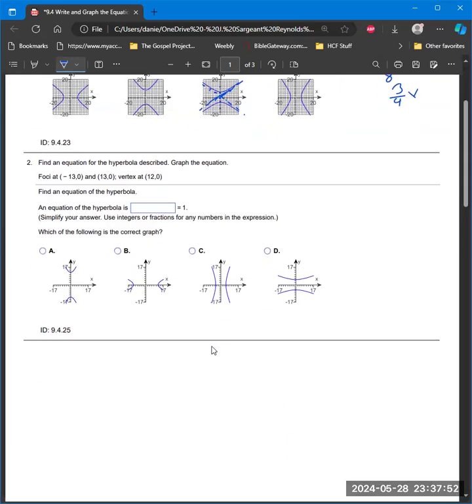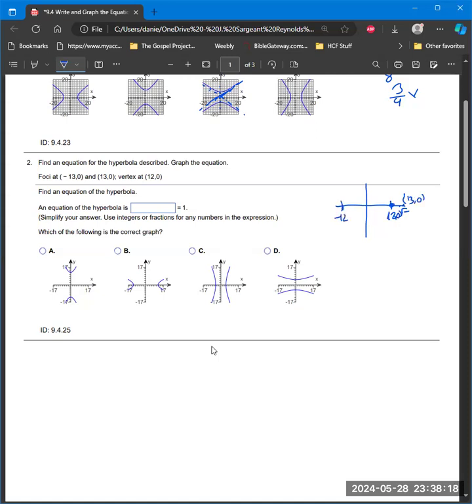Let's see, foci at negative 13, 0 and 13, 0. Those are along the x-axis, and the vertex at 12, 0. So 12 is the vertex, and then a focus there at 13, 0.